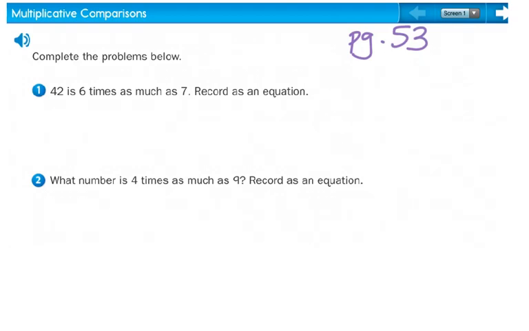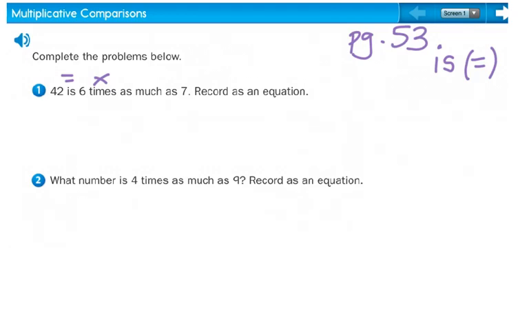42 is 6 times as much as 7. Record as an equation. I'll give you a little clue. The word is, when you see that word, write the equal sign. Is means equal. So if I just put those up there and the word times, guess what?